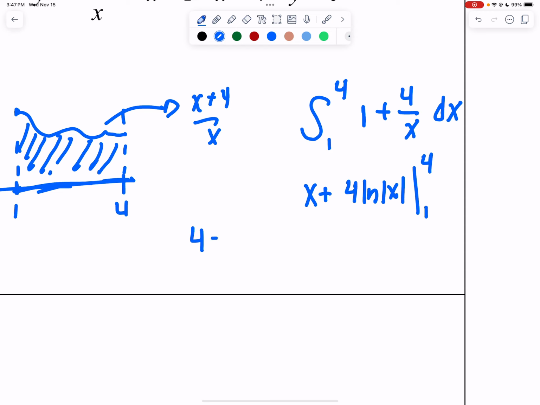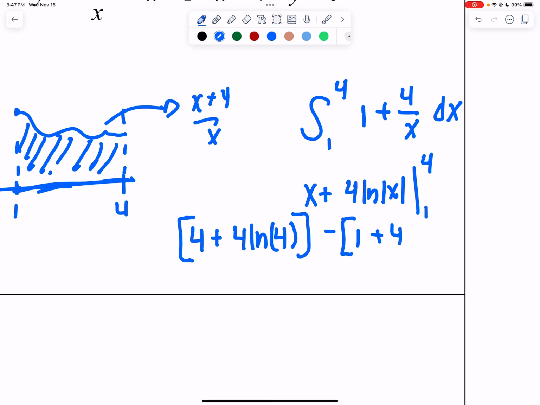So that's going to give me 4 plus 4 ln of 4. I'm going to drop the absolute value sign just because 4 is already positive right here. And then I have 1. So now I have 1 plus, well, 4 ln of 1. And we know that ln of 1 is 0, so that just goes away.